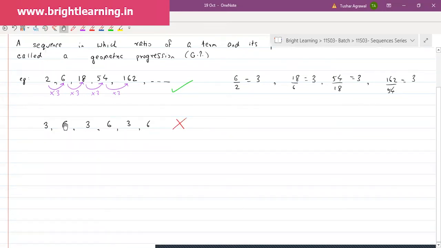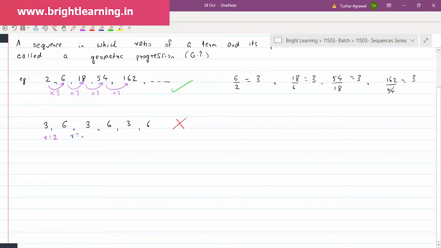Because here 6 divided by 3, second term upon previous term, the ratio R is equal to 2. Then here the ratio R is equal to 1 by 2, 3 divided by 6, term and its previous term. So they are not the same. Then R will be 2, then 1 by 2. That is the thing that we don't want. So this is not a geometric progression.